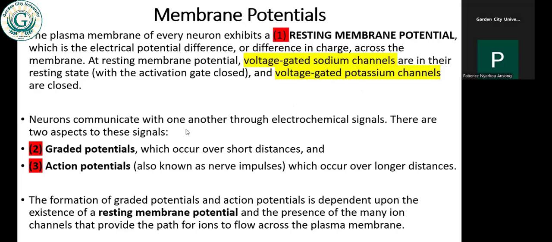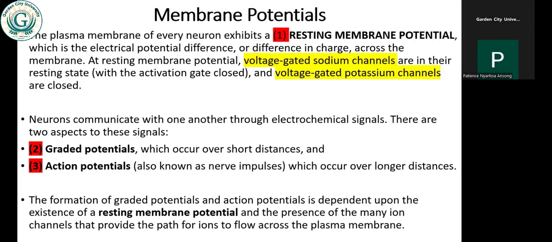Now, whenever the neuron starts to transmit a signal, or even receives a signal that it needs to transmit and then pass to another neuron, then we have the resting membrane potential changing to either a graded or action potential.